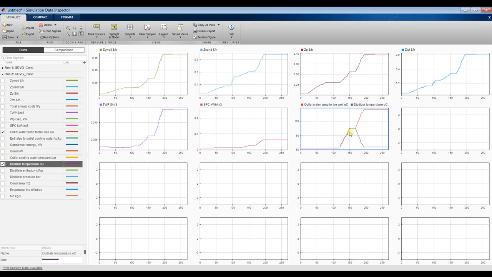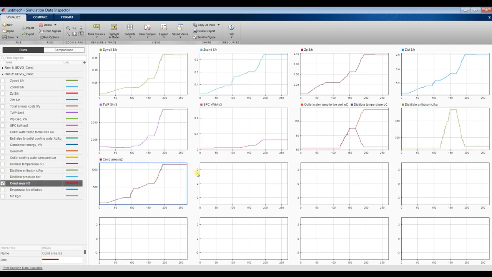As you can see, there is a difference between both sides, and we have distillate enthalpy, and here a condenser area, increasing and decreasing. Evaporator. This is mass flow rate of distillate.